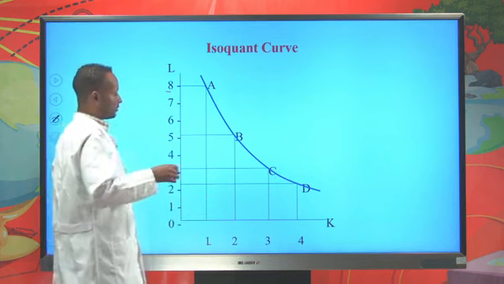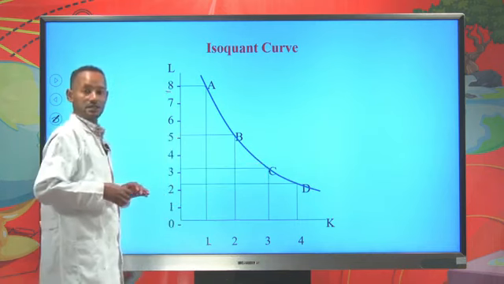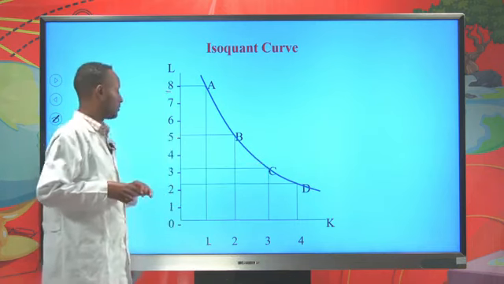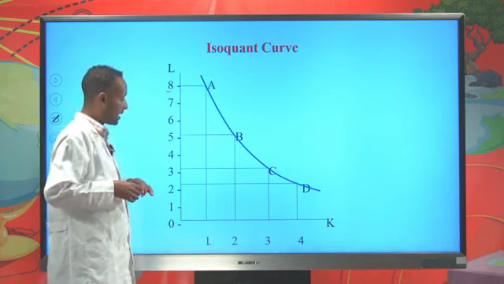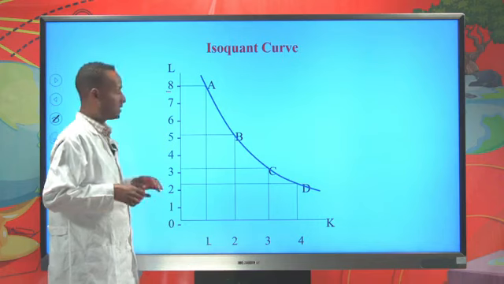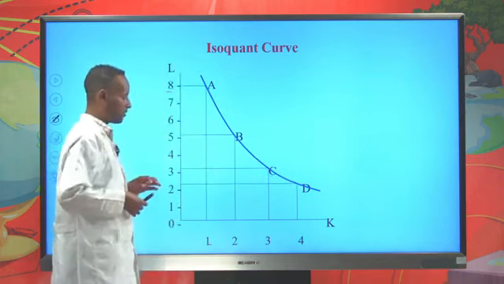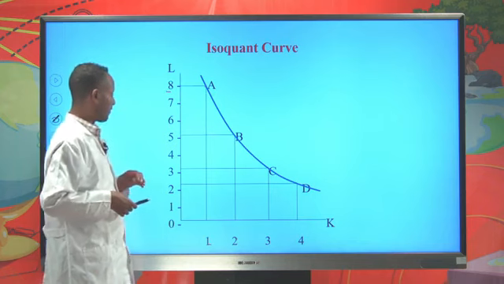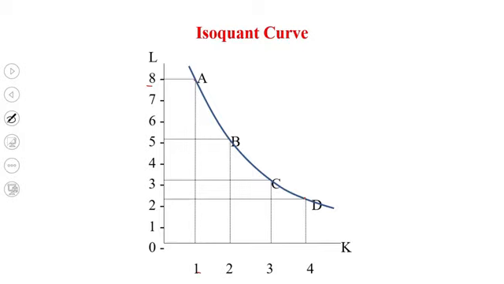Then, as we move to combination C, the farmer gets 60 quintal of wheat from a combination of 5 labor and 3 tractor. And at combination D, the farmer gets this 60 quintal of wheat from 4 capital and 2 labor.